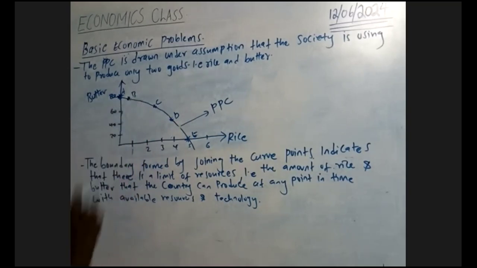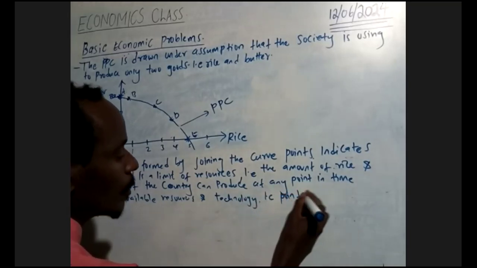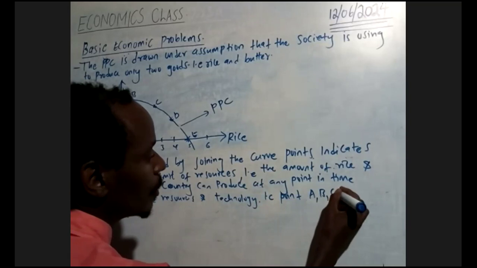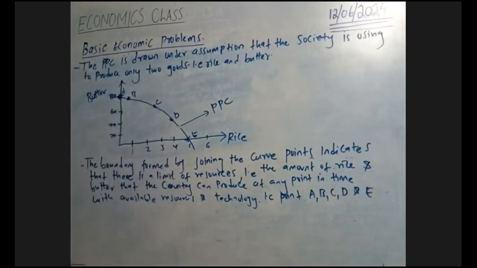Let us call it IE, points A, B, C, D, and E. At points A, B, C, D, and E, it means that we can only produce a number of butter and rice given the available resources and technology.